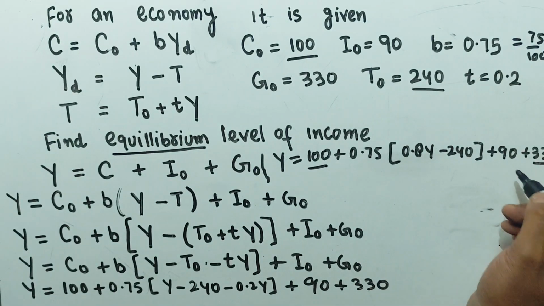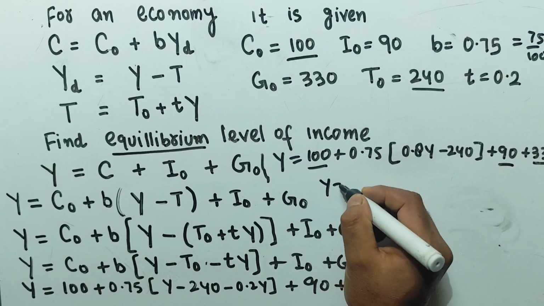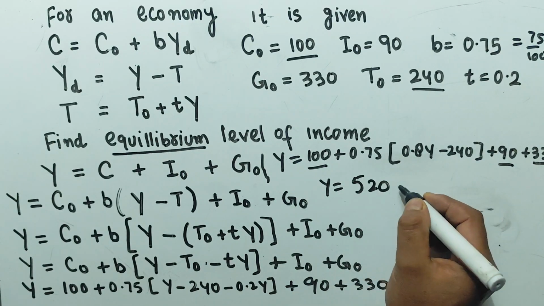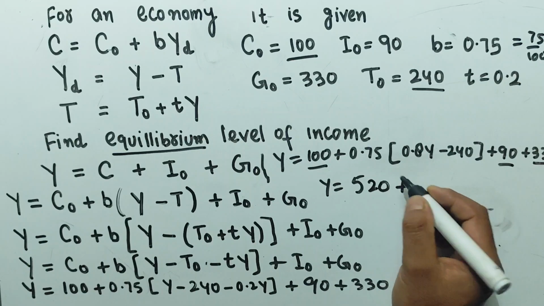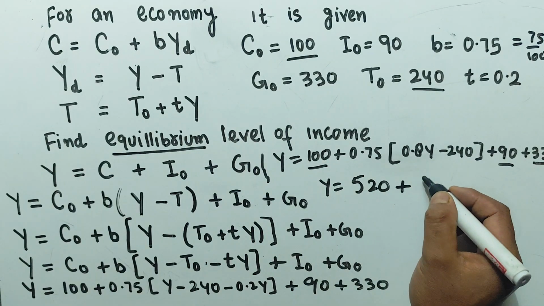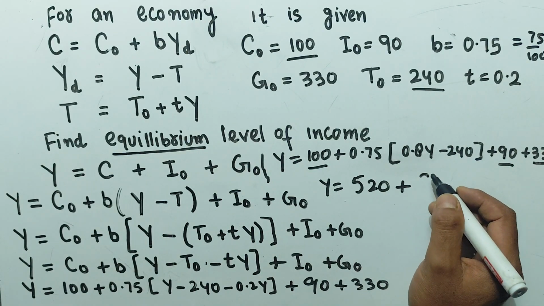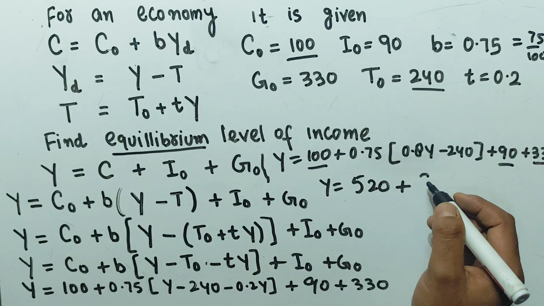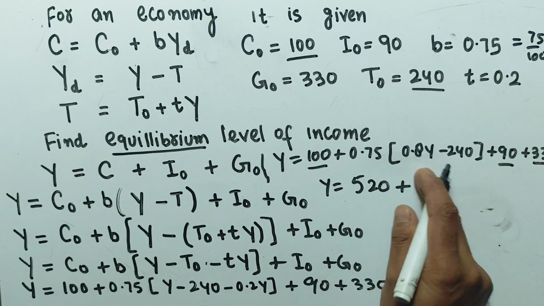So we have y will be equal to 520 plus 0.75, meaning 3 upon 4. Let us do the multiplication.